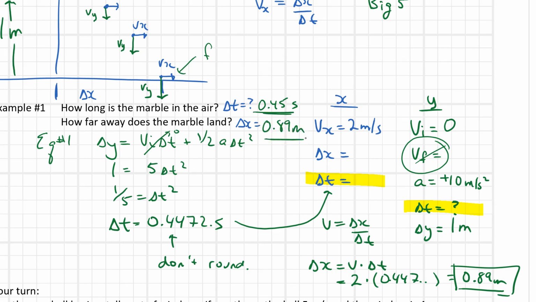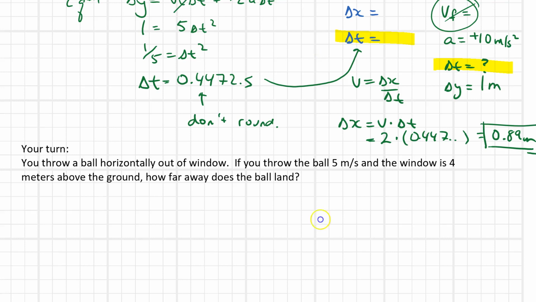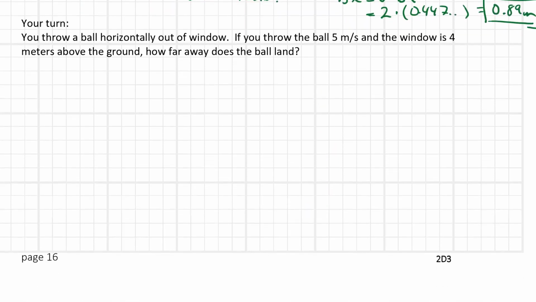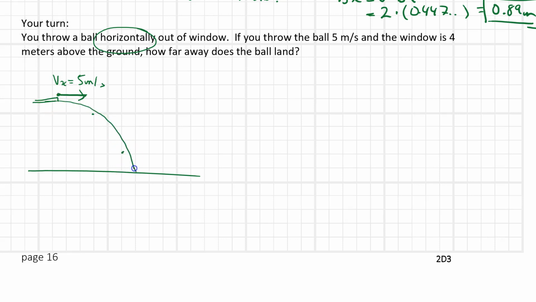Okay, hopefully that was helpful, and I'd like you to try the your turn here. It says you throw a ball horizontally out of a window, so maybe here's the bottom of the window, and here's the ground below. If you throw the ball 5 meters per second horizontally, that means you're throwing it straight this way. So you're going to start off with Vx equal to 5 meters per second, and you're going to get that same kind of parabolic motion, so it's going to come down this way.